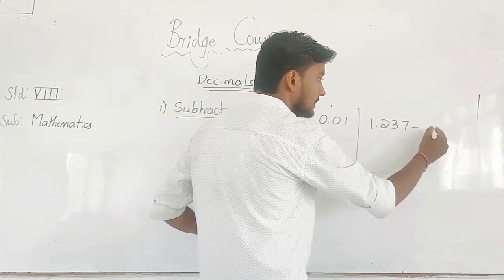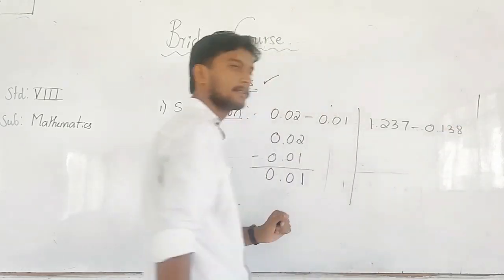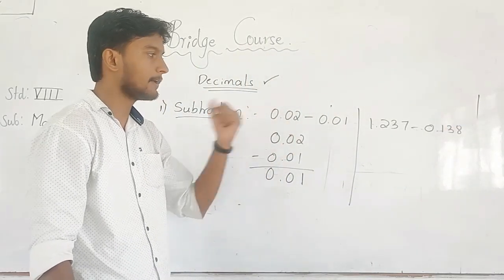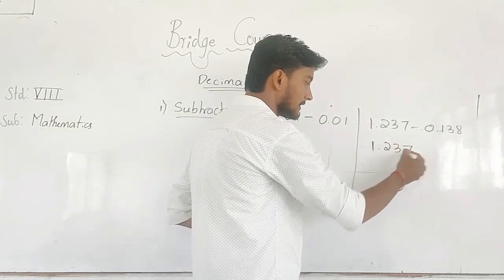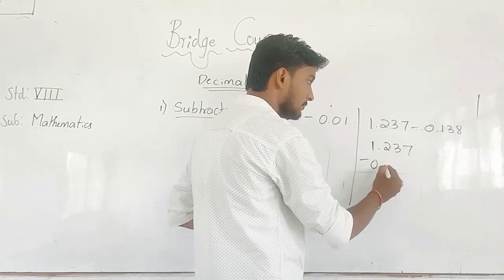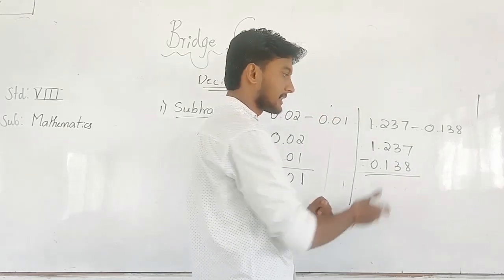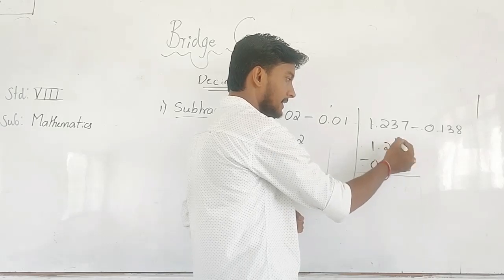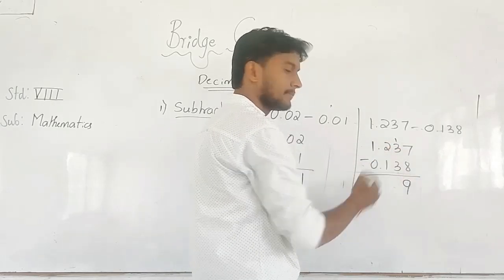One more example, 1.237 minus 0.138. These are the two decimal numbers we have to subtract. 1.237 minus 0.138. To subtract, we have to take a carry: 17 minus 8 is 9.